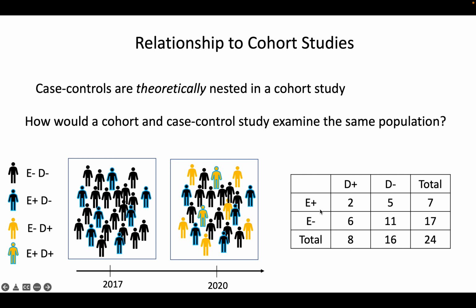And that generates a table like this, where we have our distribution of exposure positive and negative and disease positive and negative. So if a cohort study and a case control study were to analyze this population, they would get information at different times and also use the information differently.